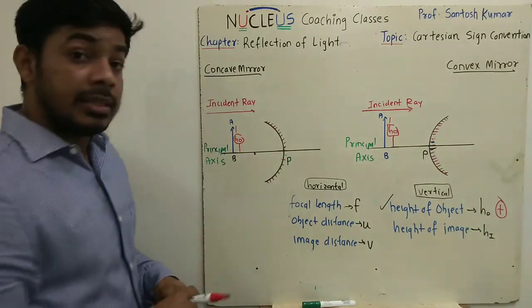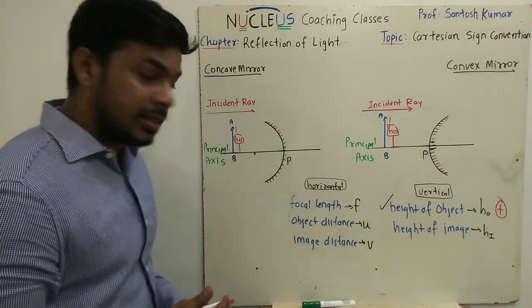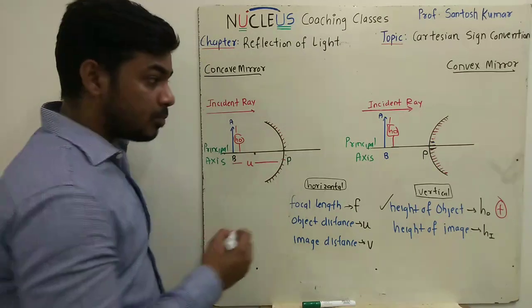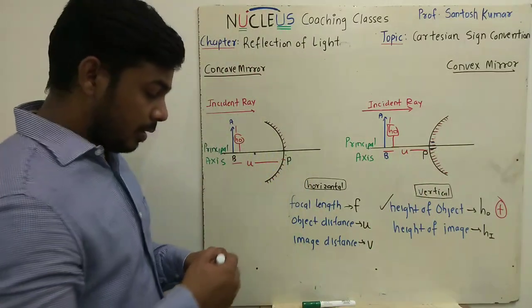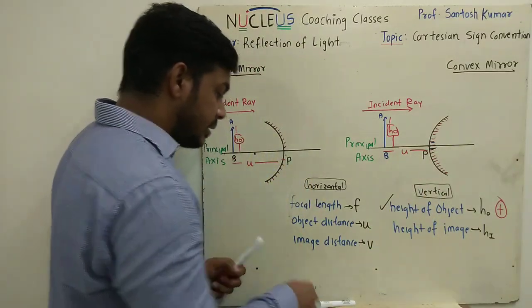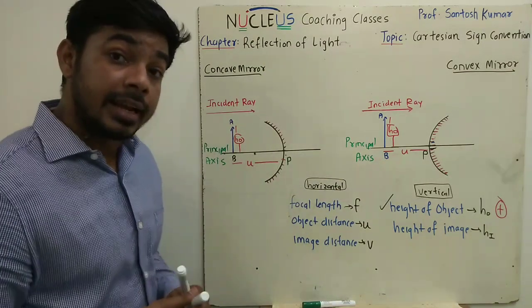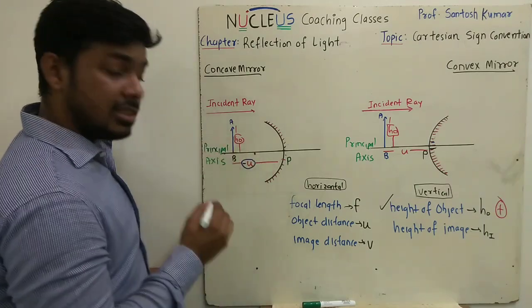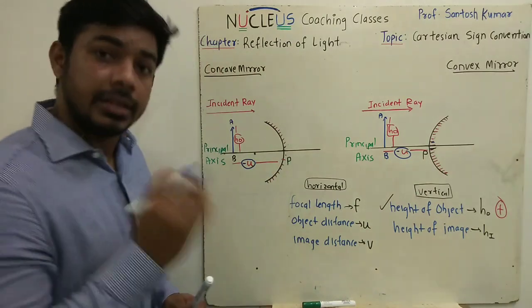If I measure the distance of object from the mirror, that is from the pole, it is the object distance. So here this distance will be taken as u, and here also this distance will be taken as u. But as I said, if the distance which is horizontal lies to the left hand side of pole, then it is taken as negative. So here object distance u is negative, and here also object distance u is negative.